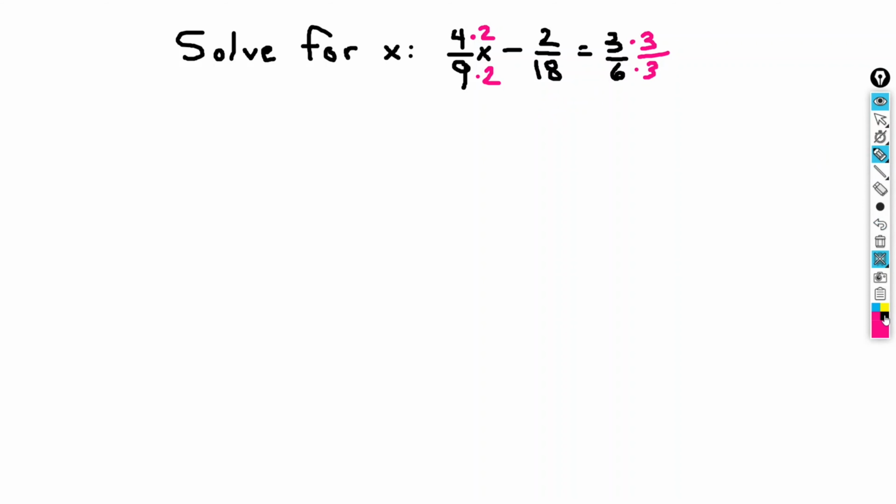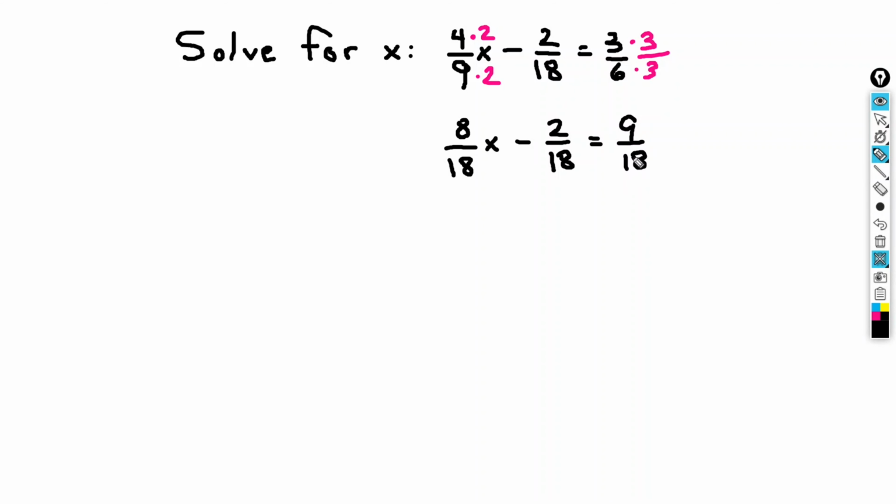So if I want to rewrite this equation, it now becomes 8/18 x minus 2/18 equals 9/18.